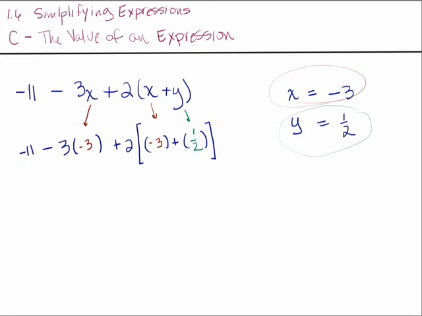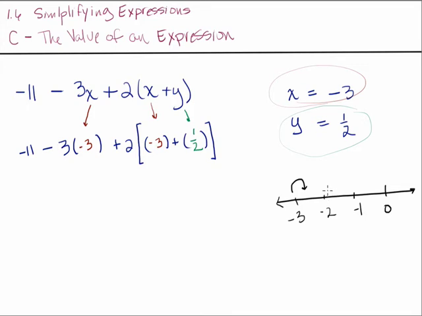Having made my replacements, it's down to me to make sure that I do the order of operations correctly. Parentheses first. Here I have parentheses with arithmetic inside them that I can do. Negative 3 plus 1/2 is negative 2.5.